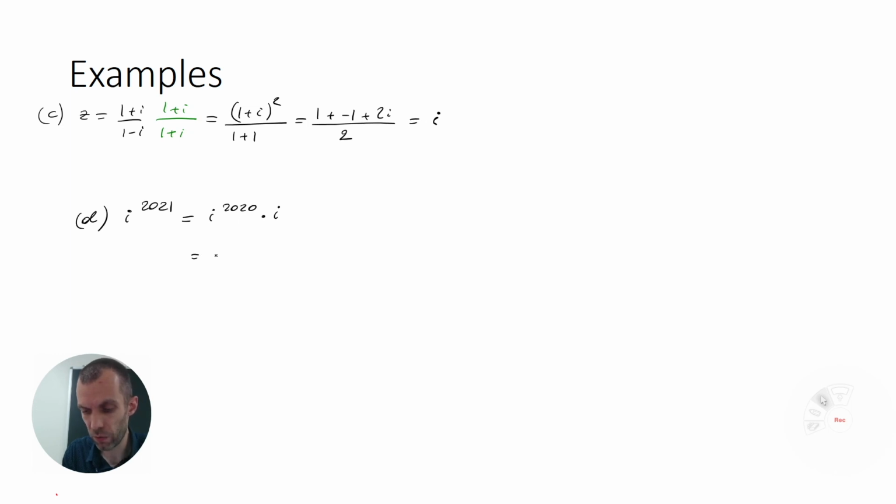And that's useful because now we can write the power as i squared to the power 1010, times i. So this is minus 1 to the power 1010 times i. So this is also just i, because this simplifies to plus 1.